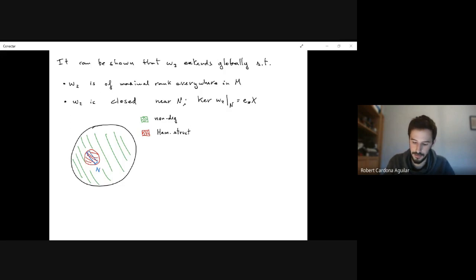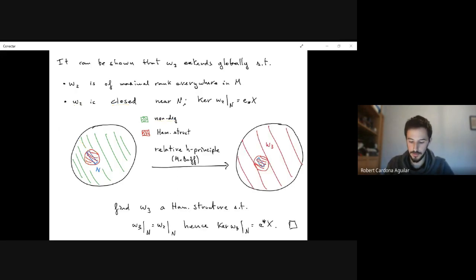So this is what I draw here. So near N, all this zone is okay, because by construction, omega 2 is already closed near N. But outside of N, it's not closed. It's only non-degenerate. So what you can apply is what's called the relative h-principle, which means that I can deform my two form, which is non-degenerate, into a closed one without changing what already was a Hamiltonian structure near N. So I deform this here into one which is closed.